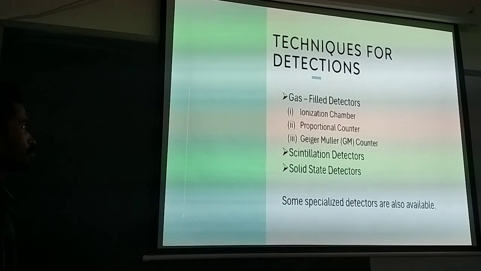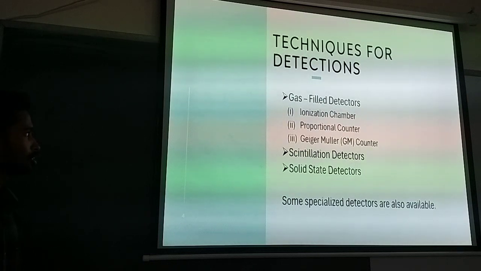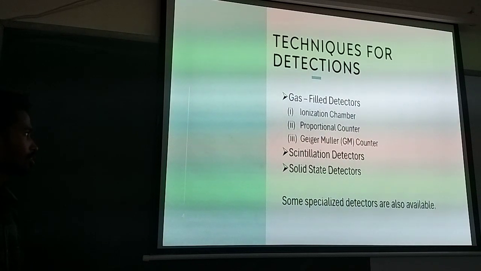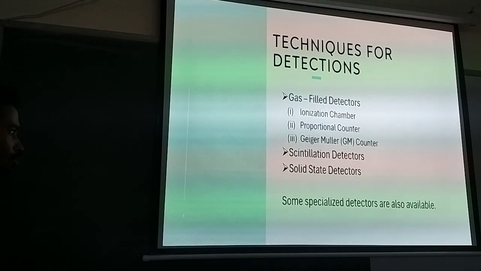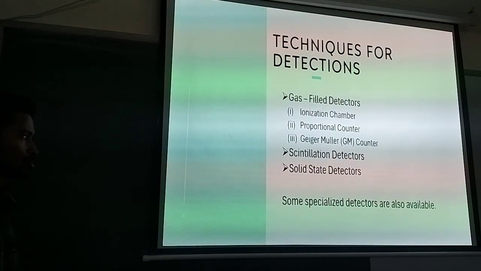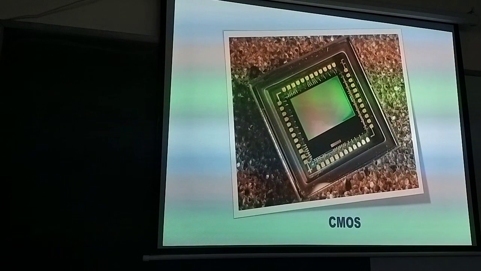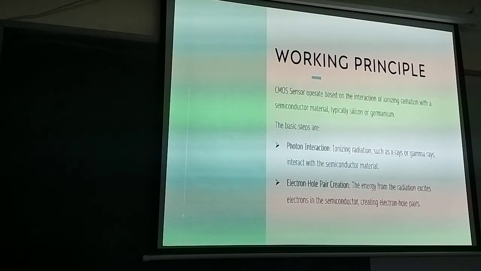These are the techniques available for radiation detection. Among gas-filled detectors, three are available: ionization chamber, proportional counter, and Geiger counter. Then there are scintillation detectors, solid state detectors, and some specialist detectors to detect particle paths, like cloud chamber, bubble chamber, etc. This is the picture of a CMOS working display.